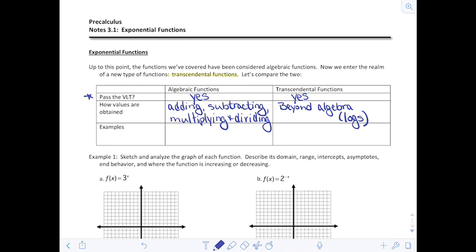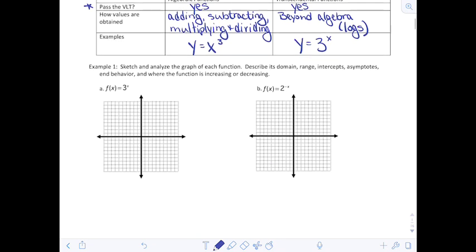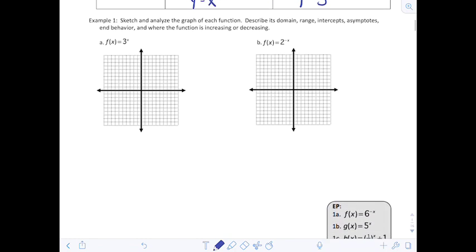Okay, so an example of an algebraic function would be y equals x to the third, your parent function for a cubic. But a transcendental function, an exponential, would be y equals 3 to the x, where the variable is actually your exponent.